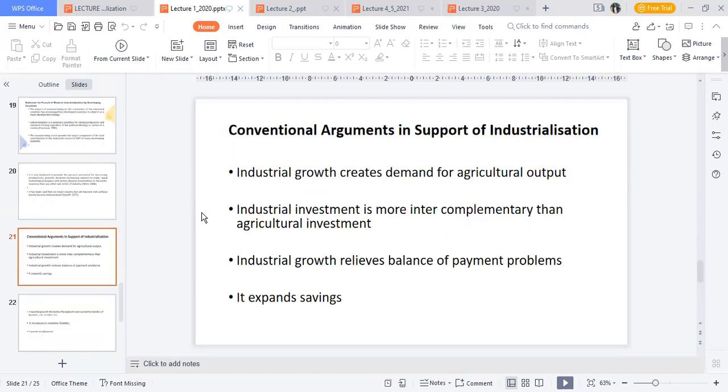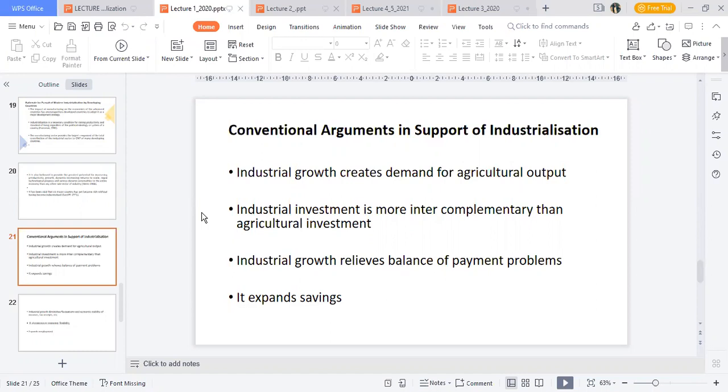What it means is that, what are the things that we believe industrialization provides to us? What is the role or what is the significance of industrialization to us, developing countries?